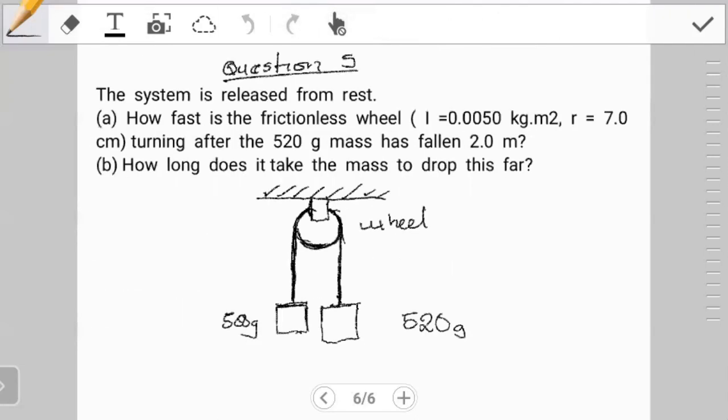Go through the question, understand what they're asking you to find, and then try it out. If you struggle and don't know which approach to take, you can check the comment section. I will leave a comment there with the main concept that you're supposed to use. I hope you'll be able to work it out.